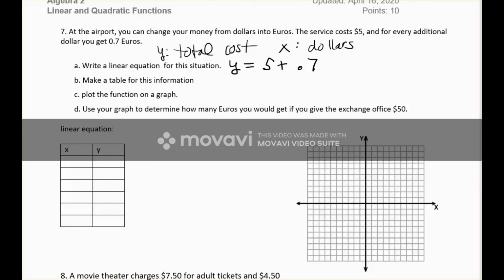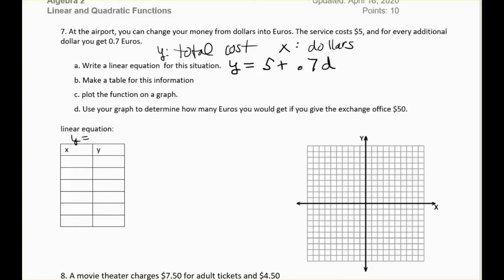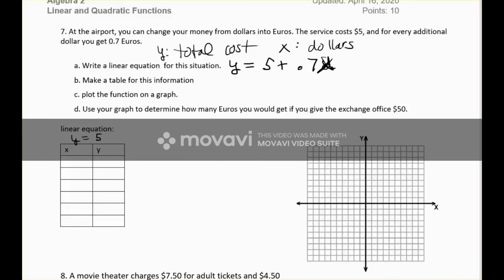For every dollar you get 0.7 euros. So this is your equation. And now we are going to use that equation. I'm going to write it down here again so I don't forget what it is. You could write 0.7x plus 5 if you prefer.